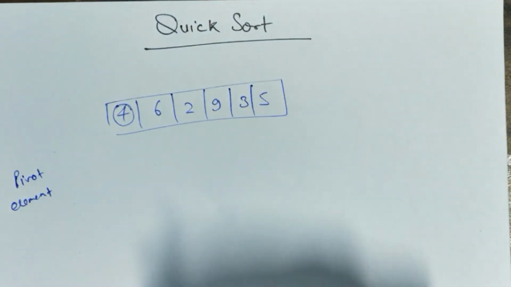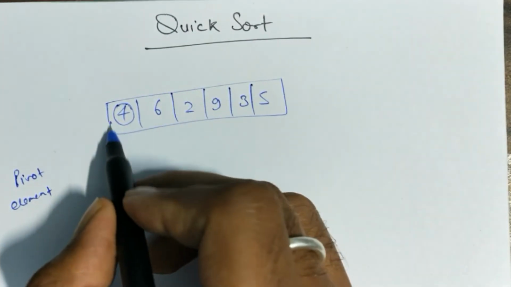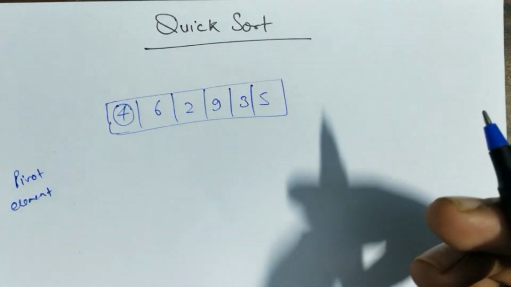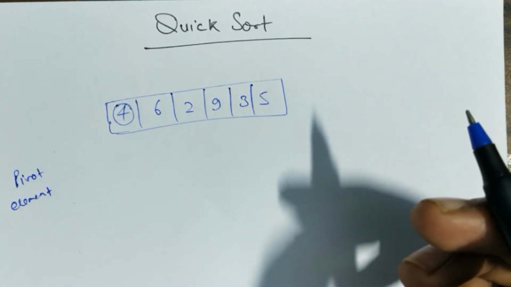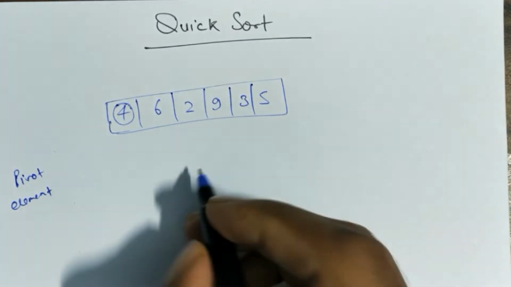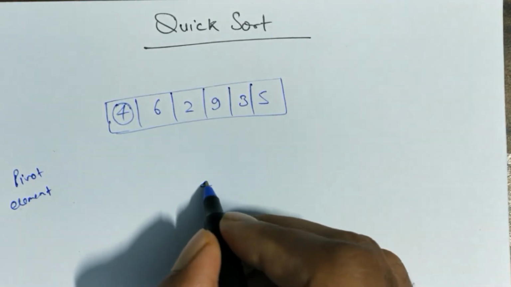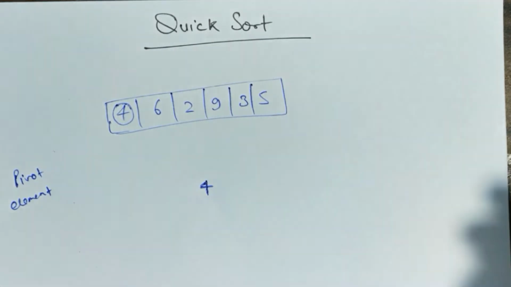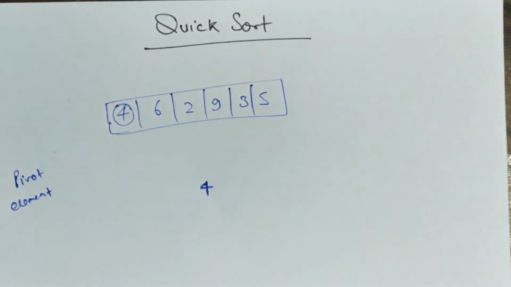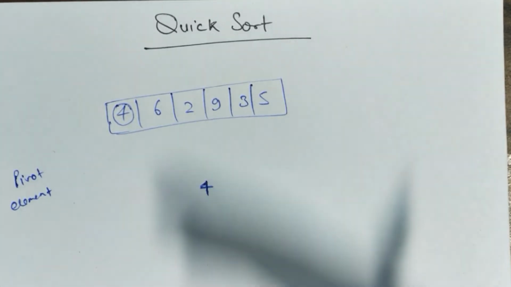So our next step is that we are going to place 4 in its correct position. By correct position I mean 4's position in the final sorted array. So we'll put it here in between, and to find the correct position of 4, we will place all the elements that are smaller than 4 before it, and all the elements that are larger than 4 after it.